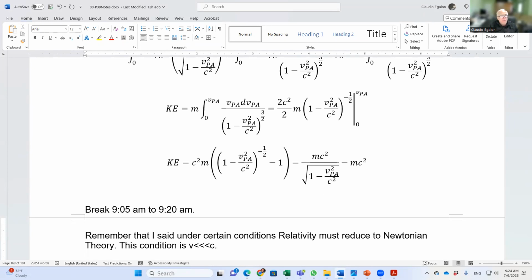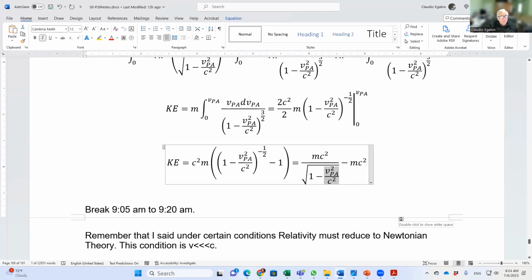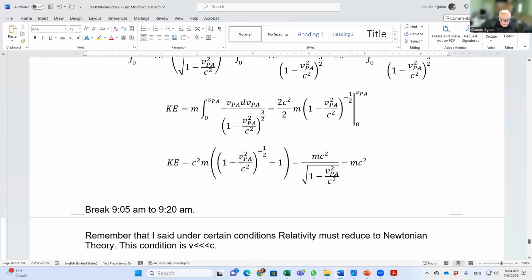And what are we going to do? We have V divided by C right in here. And don't forget, it should be V PA, right? Instead of V, we're going to put V over PA.